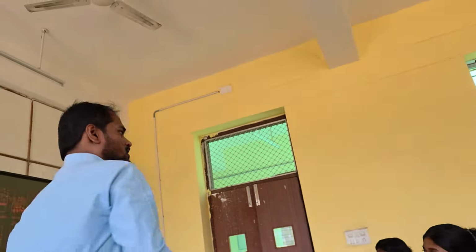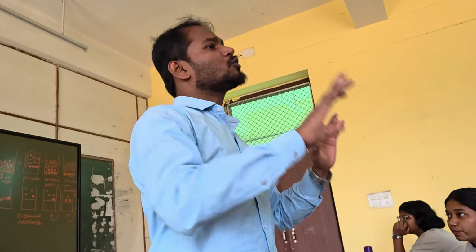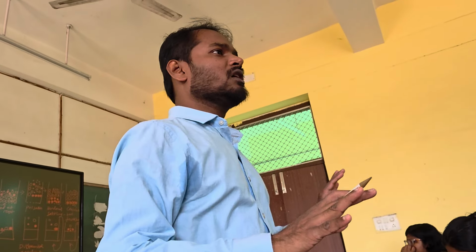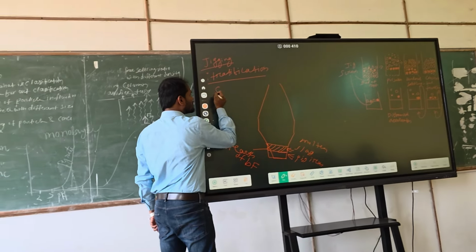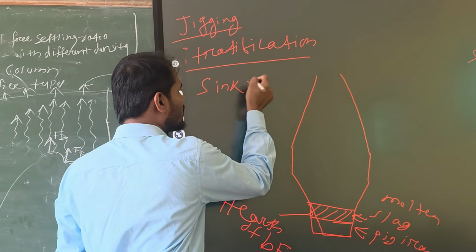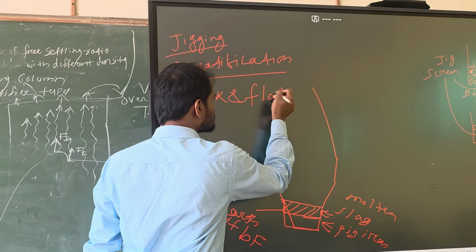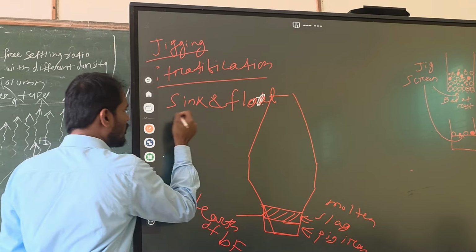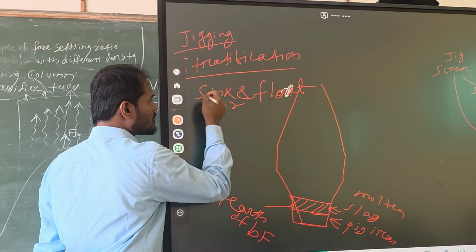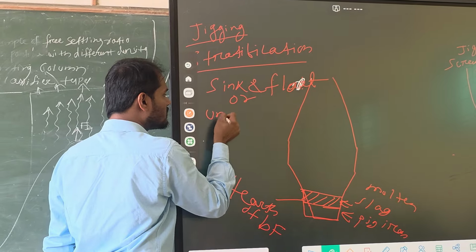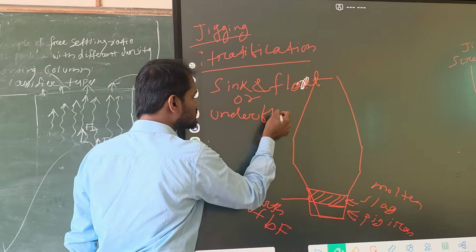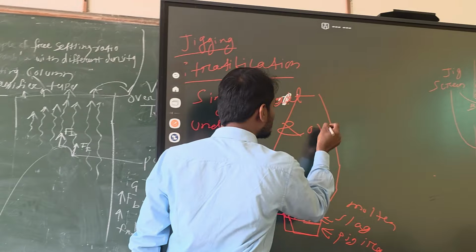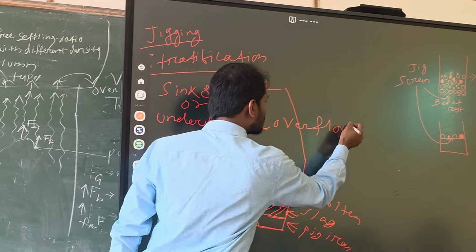This is the situation. So my point is, in jigging there are two different kinds of jigging we can do. One kind is sink and float, or underflow and overflow, if you remember.